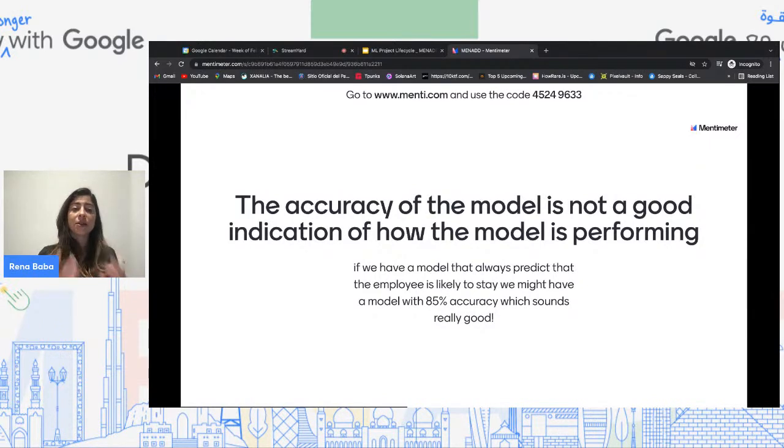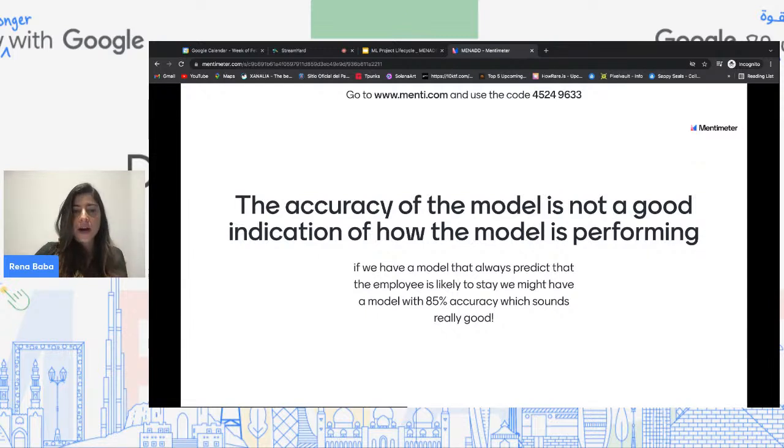What that means is that the accuracy of the model is not a good indication of how the model is performing. Let's say you have an 85% accuracy. It sounds really good. But in fact, if 85% of the observations are for employees who are likely to stay, then that doesn't make sense, right?